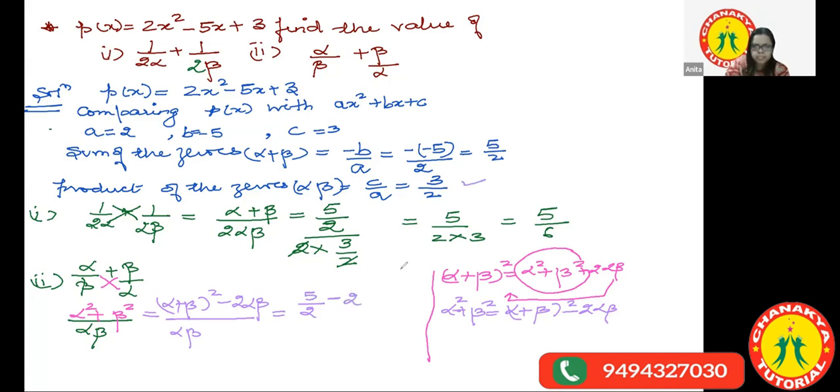The value of alpha beta is 3 by 2, and again the product of the zeros is 3 by 2 in the denominator. Now you can simplify it.